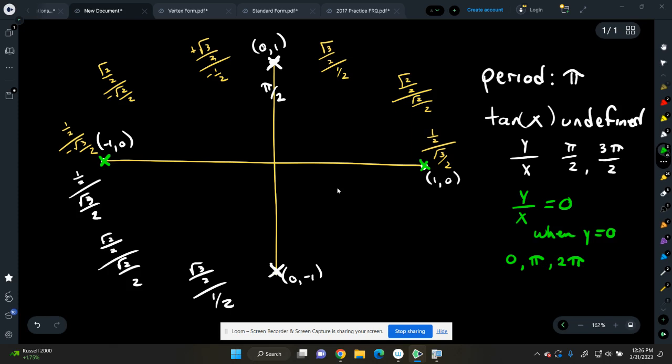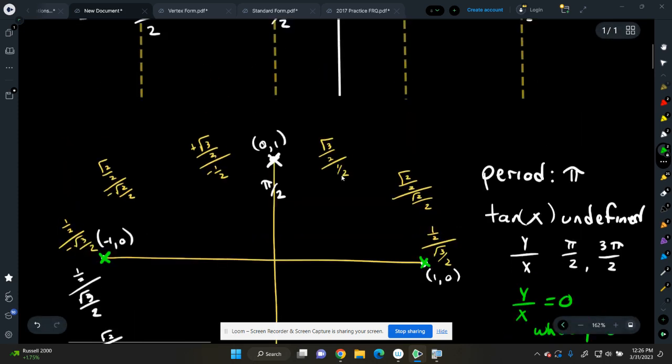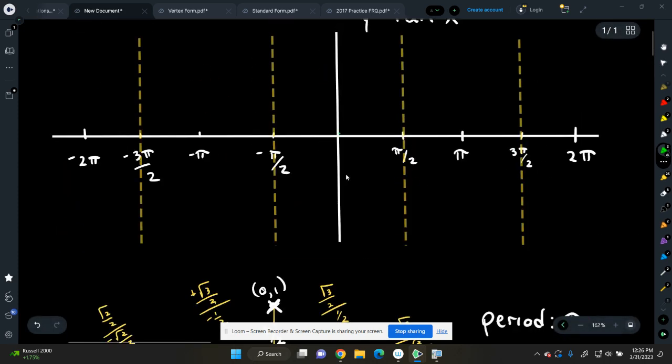Okay, so let's go back up to our graph. It's going to equal 0 at 0, at pi, and at 2 pi. How about going in the negative direction? Negative pi and negative 2 pi. Okay? So I've identified my period is pi. I identified where it's undefined and I identified where it's 0.